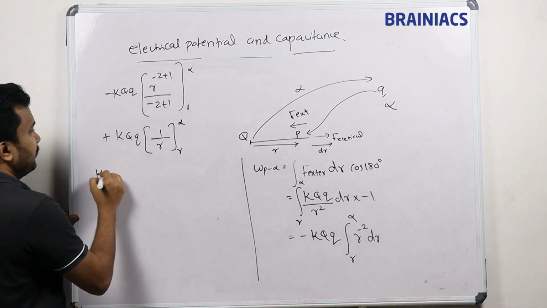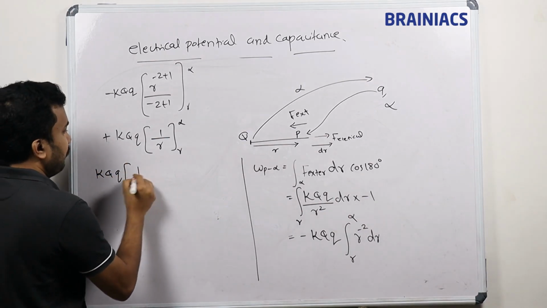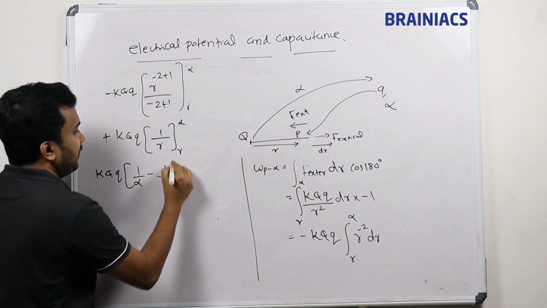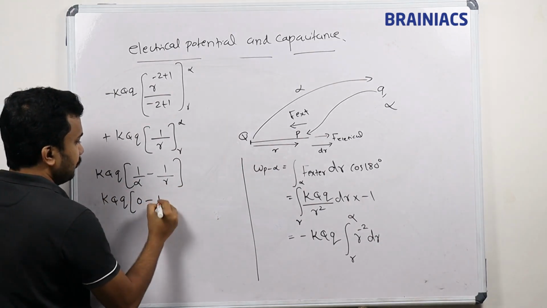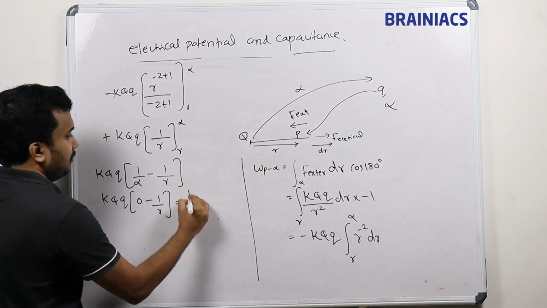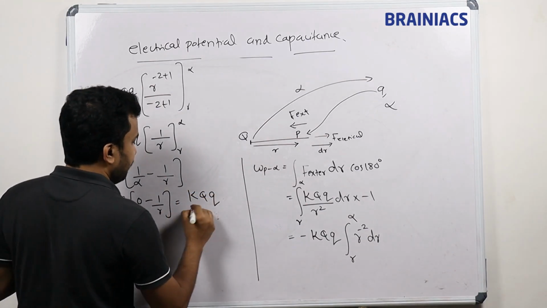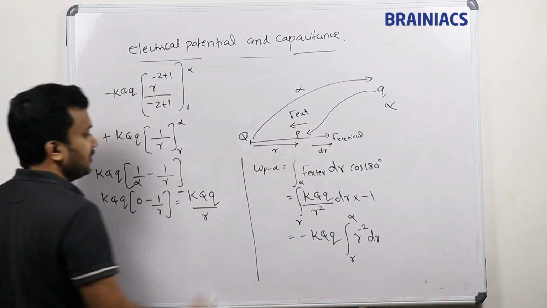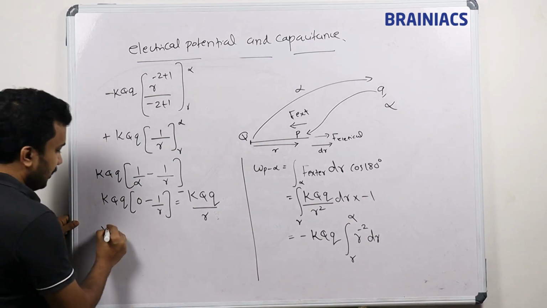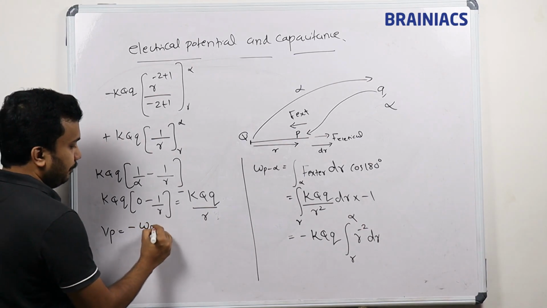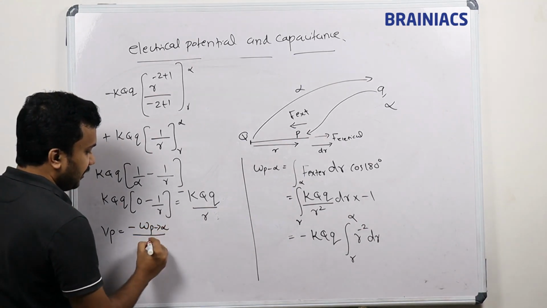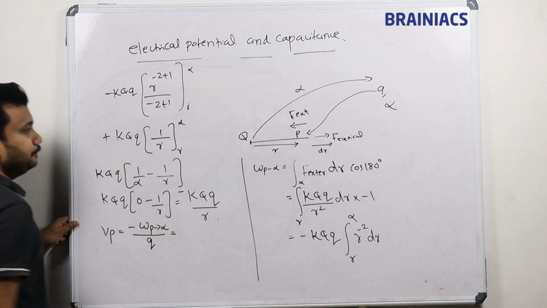If you substitute, capital K Q small q into 1 by infinity minus 1 divided by R. 1 by infinity is 0, minus 1 by R. So the result is K capital Q small q divided by R, with a minus sign. Now the potential at P, from the previous equation, is minus of W P to infinity divided by the amount of charge.